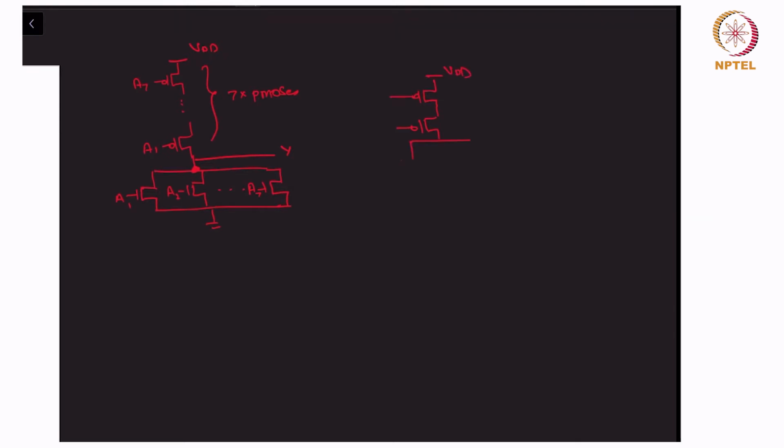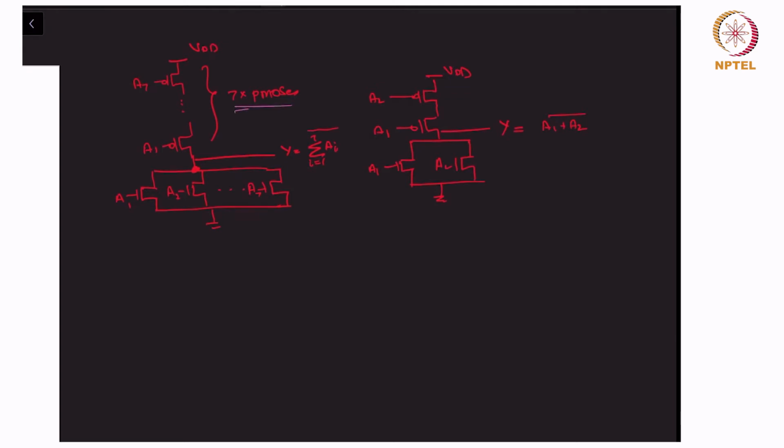Right? And we have A1, A2, A1, A2 and Y. This Y is equal to A1 plus A2 the whole bar. This Y is equal to summation I equal to 1 to 7 AI the whole bar.